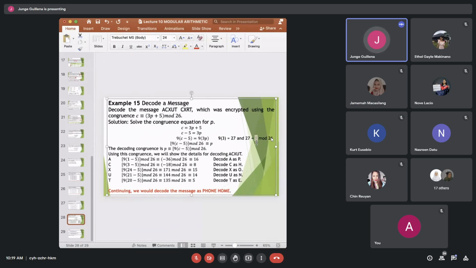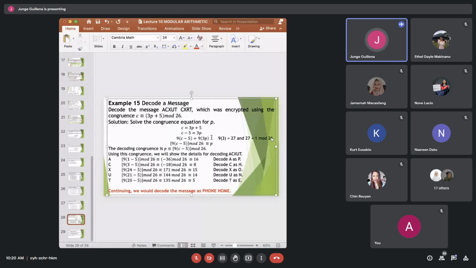Since the remainder is 1 after you multiply 3 by 9 and divide by the modulus, that simply means that 9 is the multiplicative inverse of 3. So in that case, you multiply both sides by 9.